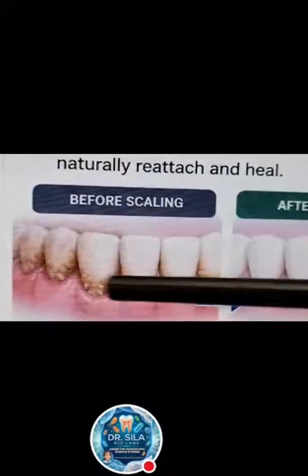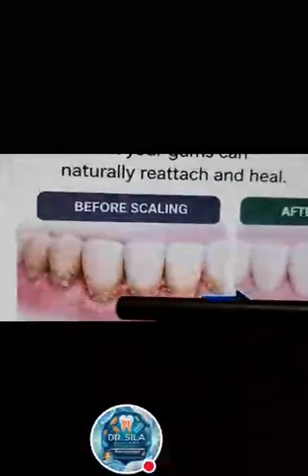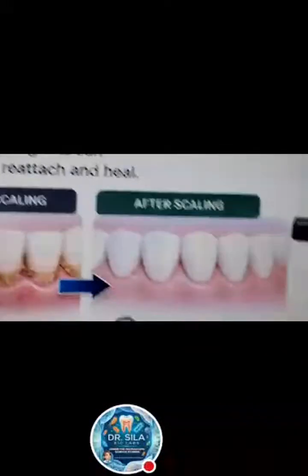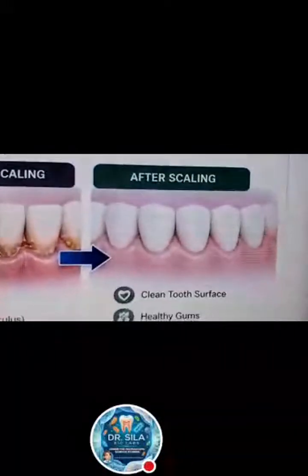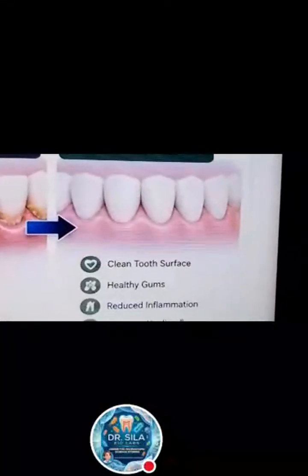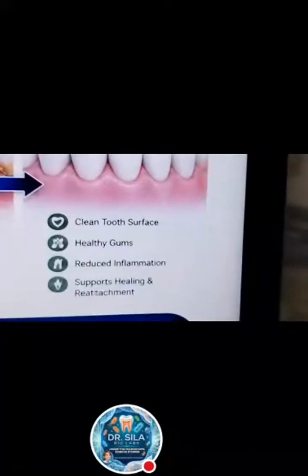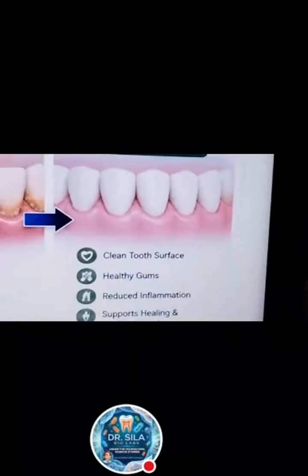Before scaling, the gums are swollen and the calculus is here. After scaling, you can see a clean tooth surface, healthy gums, reduced inflammation, and support for reattachment of the gums.